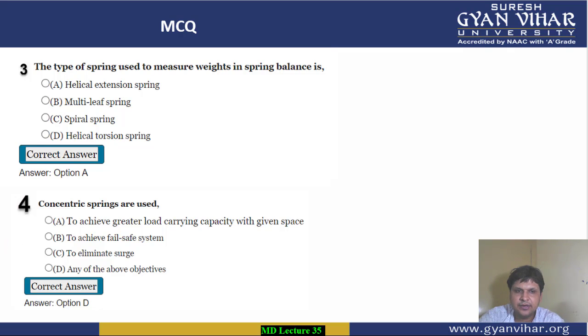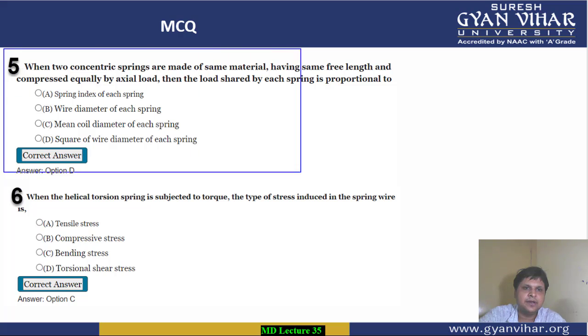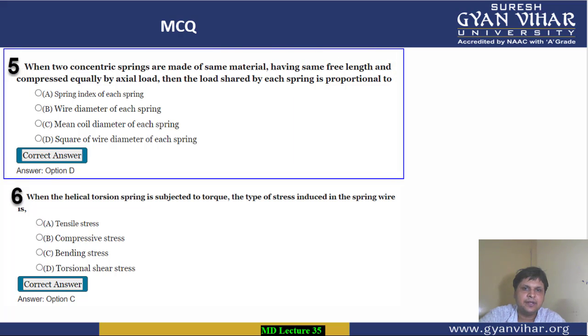Coming to the next multiple choice question number 5. When two concentric springs are made of the same material, having the same free length and compressed equally by an axial load, then the load shared by each spring is proportional to what?